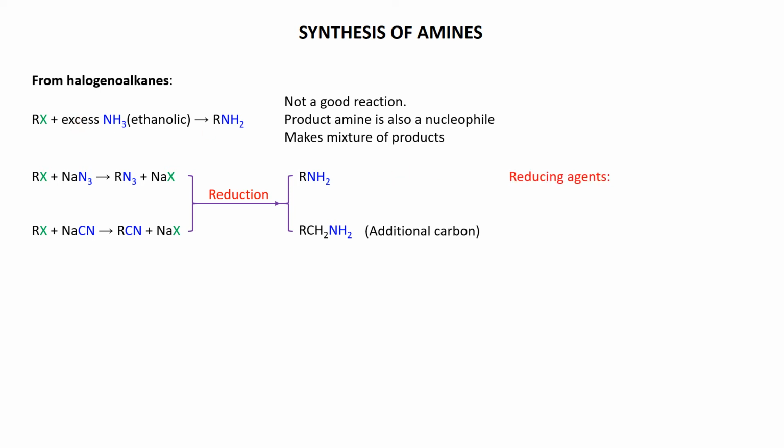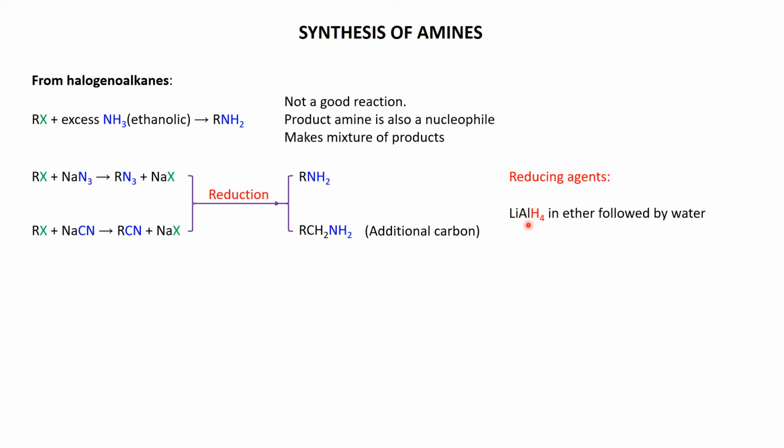Now, I've talked about just reduction, just blithely mentioning reduction, where you've seen reducing agents before. One of the nice reducing agents is lithal, lithium aluminium hydride. We saw this when we were first of all talking about reducing carboxylic acids, because we reduce carboxylic acids with lithal.